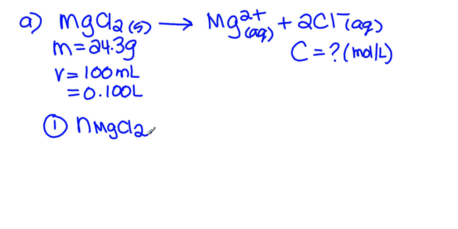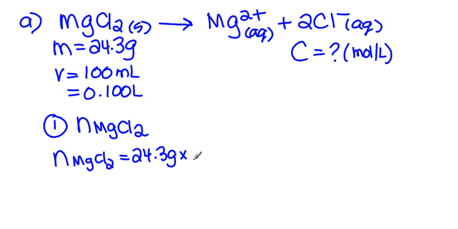So the first thing we want to do is find the number of moles of magnesium chloride. This is something you could do already on your own. If you want to pause the video and test yourself and see how much you remember from last unit on changing mass to moles, you can definitely try that now. If you need a refresher, just keep going. For our moles of magnesium chloride, we take our mass, which is 24.3 grams, and multiply it by our ratio using our molar mass.